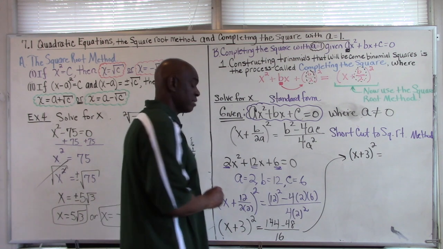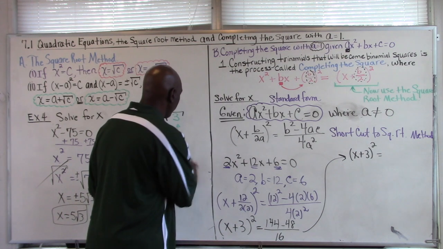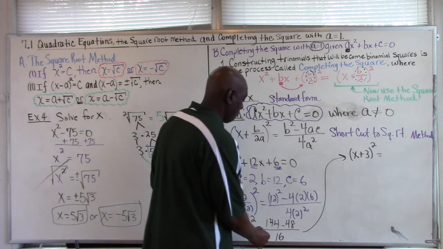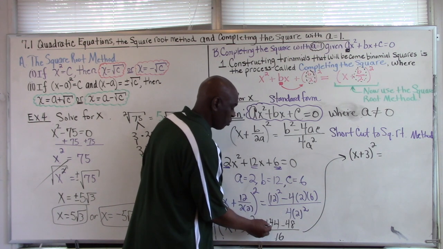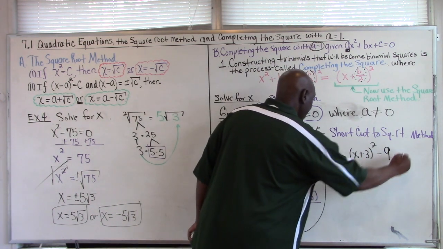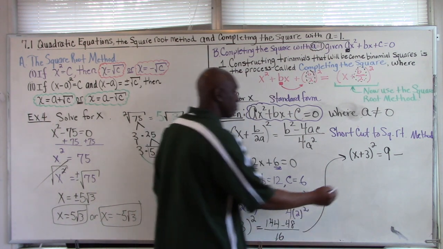Yep, it's going to go 9 times. 16 into 144 is 9. So 16 goes into 144 9 times. Minus 16 goes into 48 3 times.